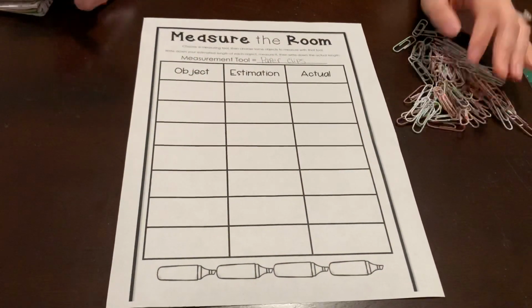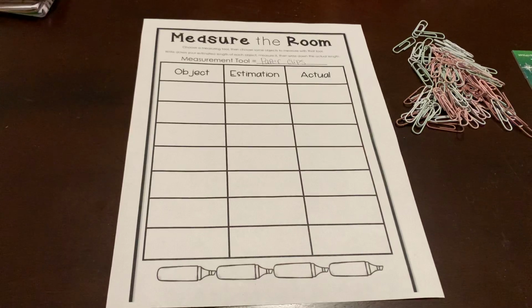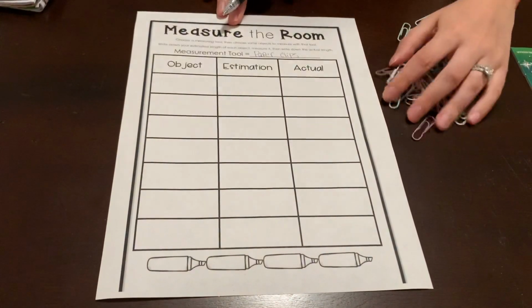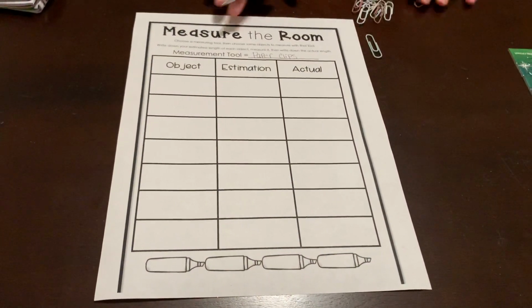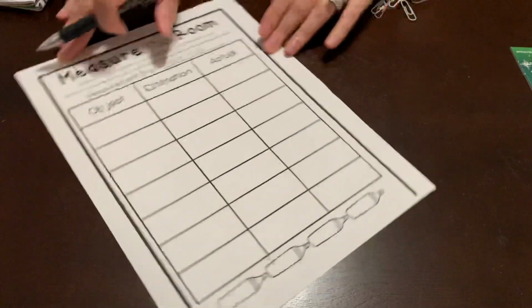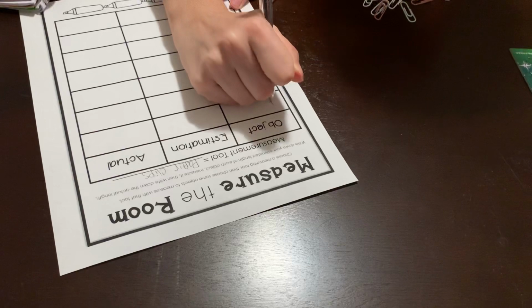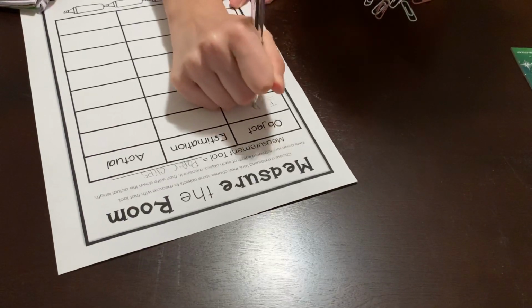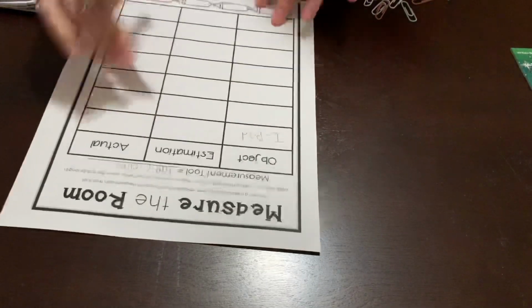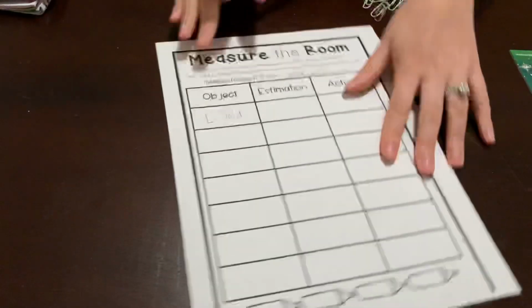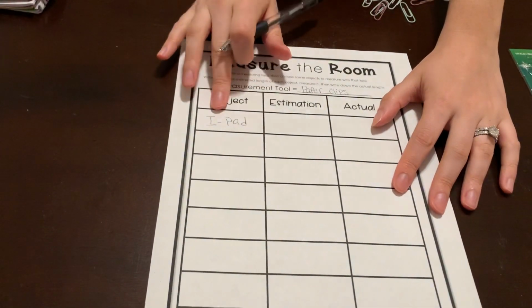Okay? So for my first object, as an example, I am going to measure my iPad. So I'm just going to turn this for a second. I'm going to measure my iPad. So I'm just going to write the word iPad. That is my object.